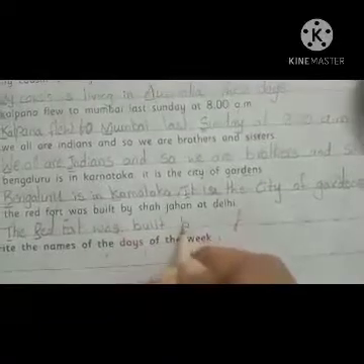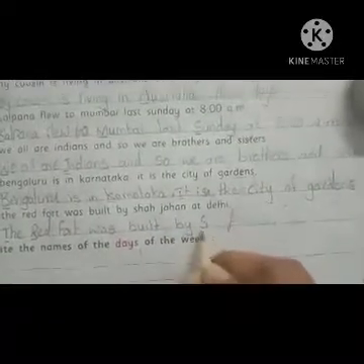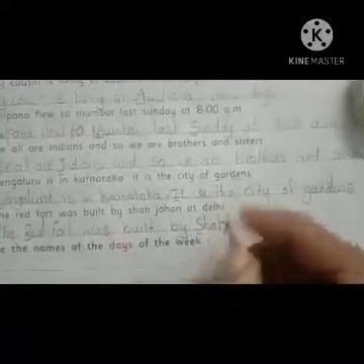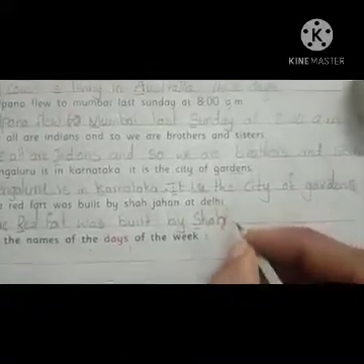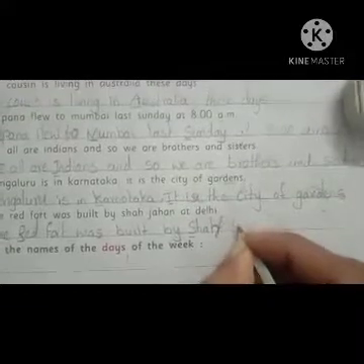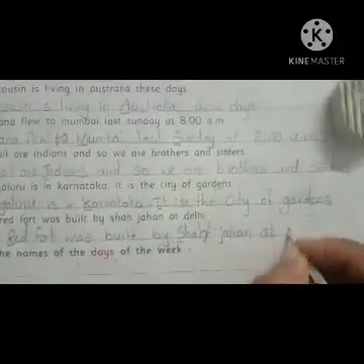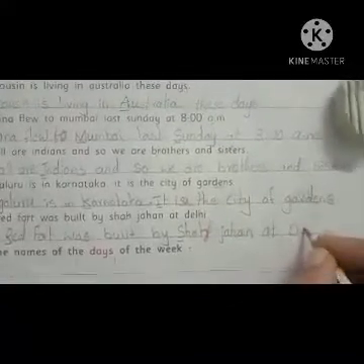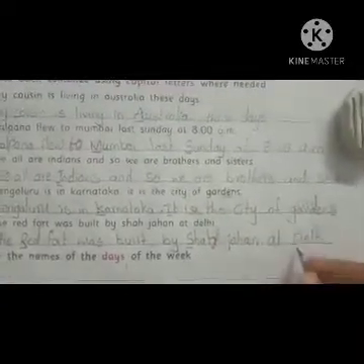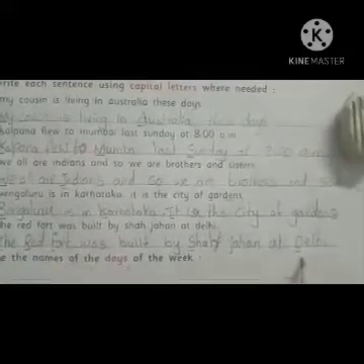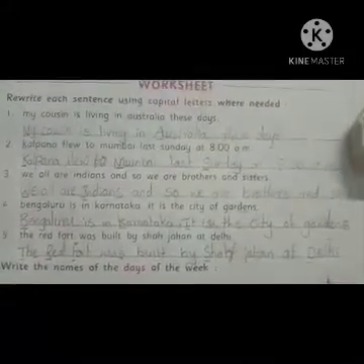Built by, S is a capital letter, S-H-A-H. Shah Jahan, J-A-H-A-N. At Delhi, no, D also a capital letter, D-E-L-H-I. Underline the D. T, R, F, S, D are the capital letters here.